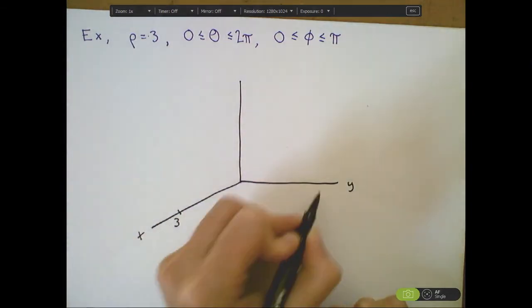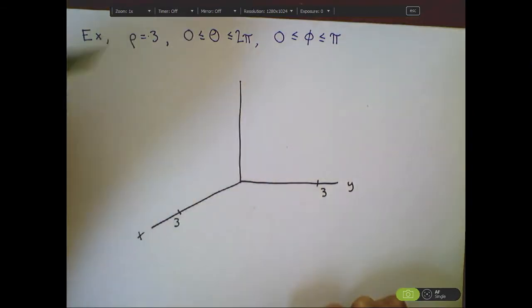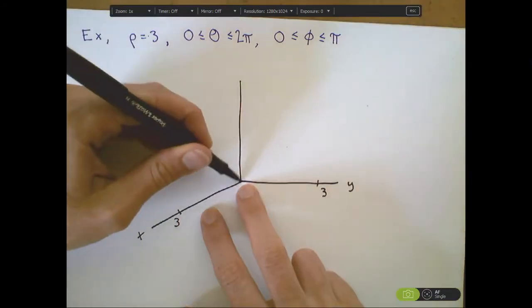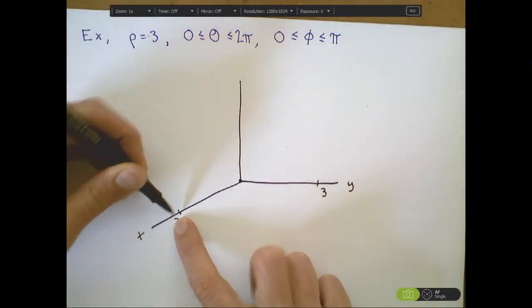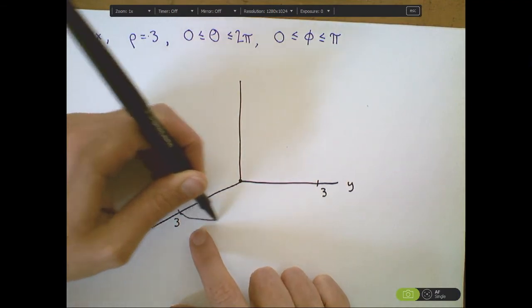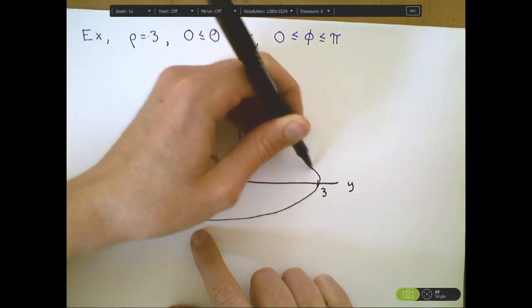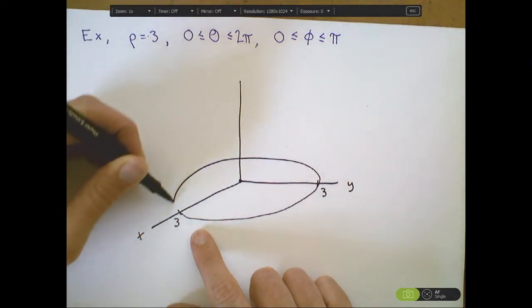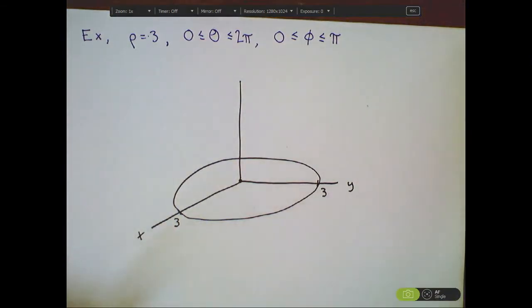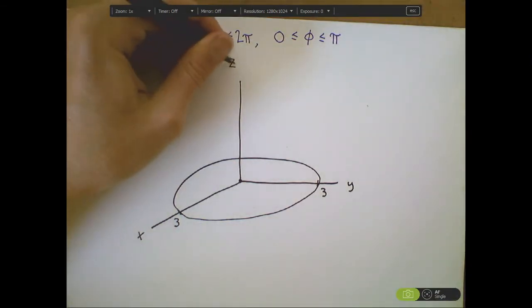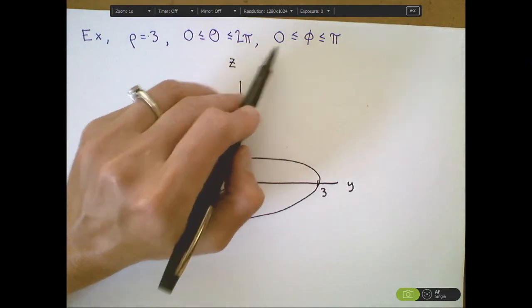So let's go ahead and add that information to our graph. We need rho to maintain a constant distance 3 from the origin. Our theta value tells us that we're making a perfect circle in the xy plane. What is this phi angle telling us?